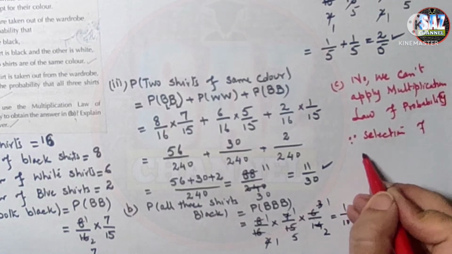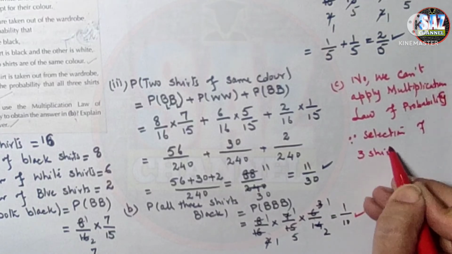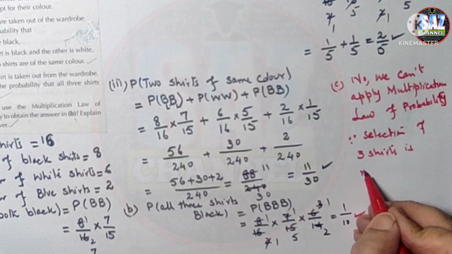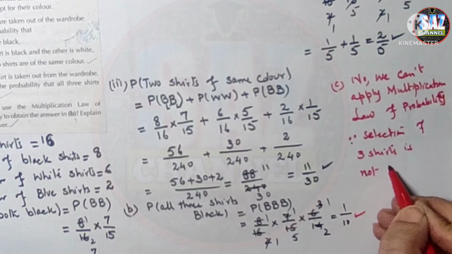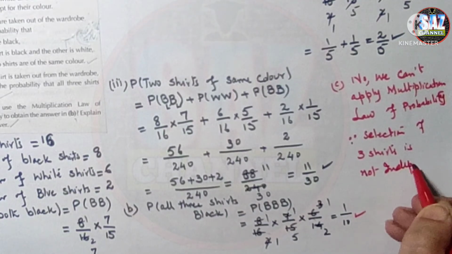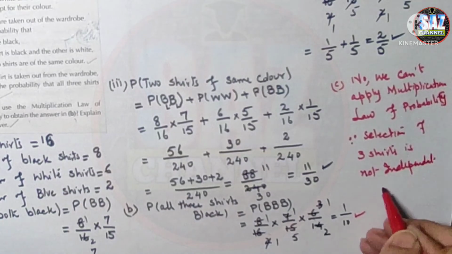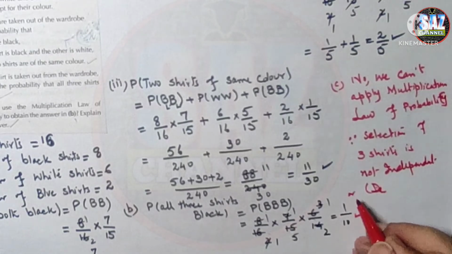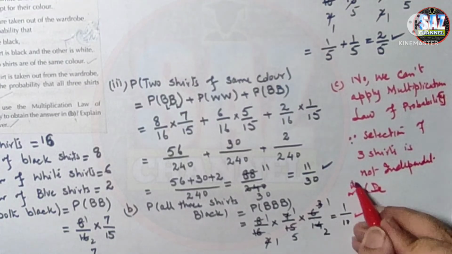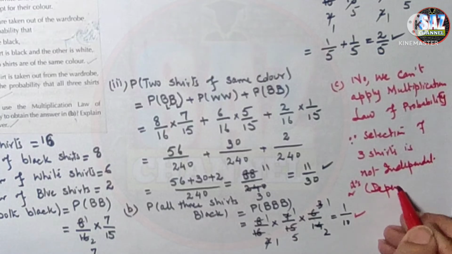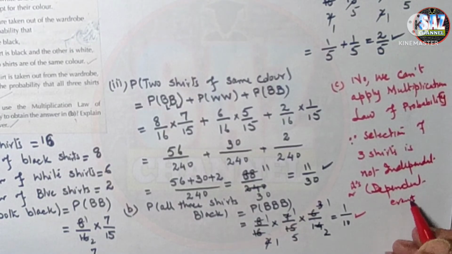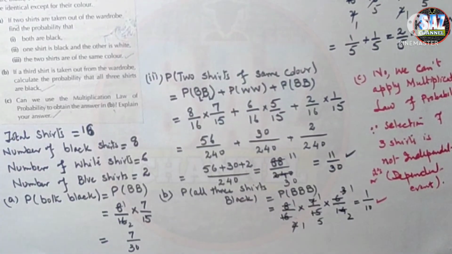The selection of three shirts is not an independent event, it is a dependent event. I hope you are clear about this question, and let's move to the next question.